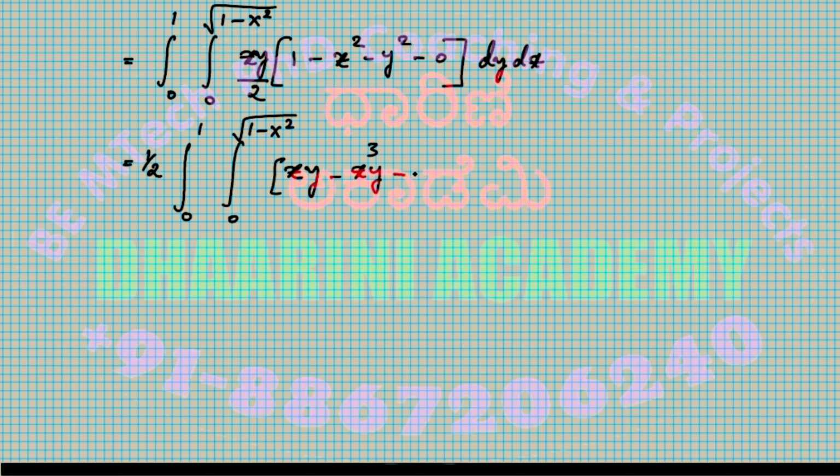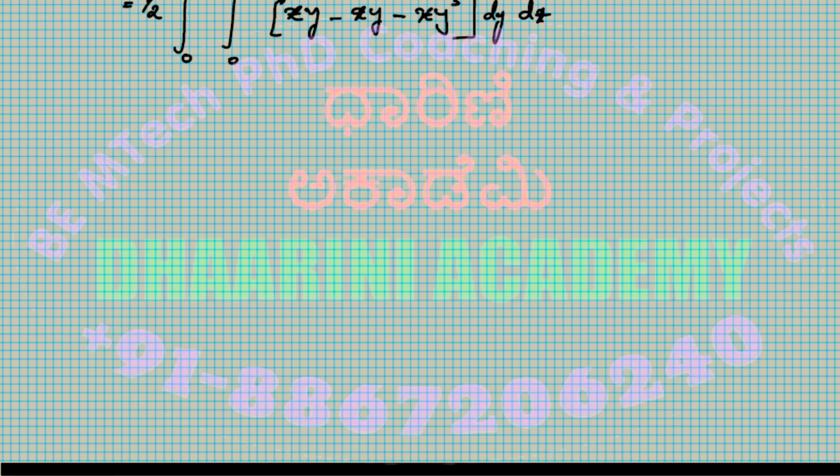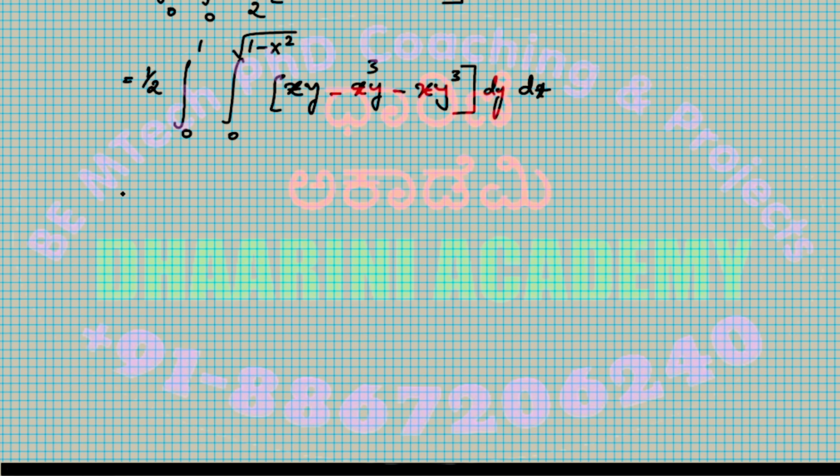Sorry, next term will be x y cube, dy dx. All right. So in the next step, this is equal to 1 by 2. I just keep this integral on, that is 0 to 1, and I'll integrate now with respect to y.